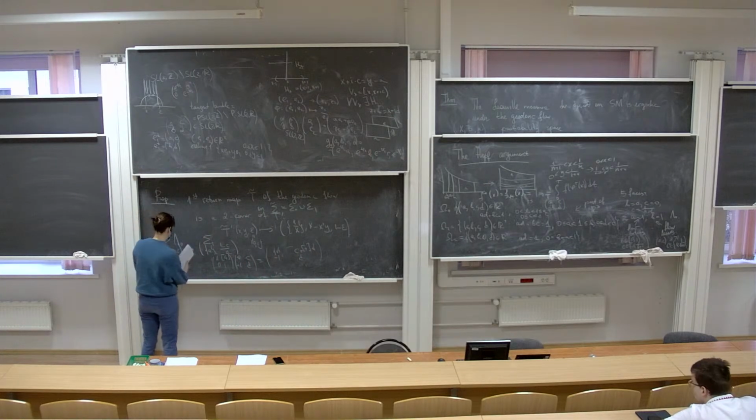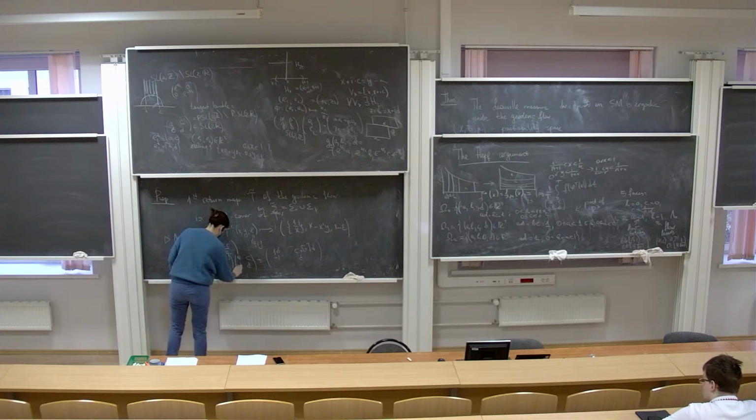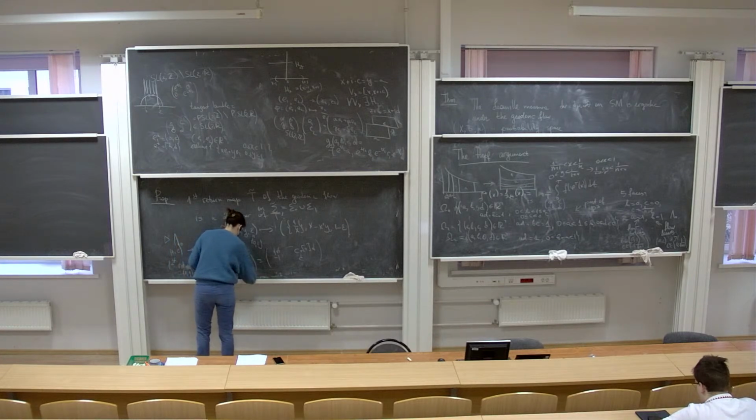So once I try to compute the first return map on sigma 0, I have that x and y under the time, which is equal to minus 2 log x, should go to 1 over x, xy. And since we cannot exceed 1, it's the same thing as to say that I take a fractional part here and replace it by this thing.